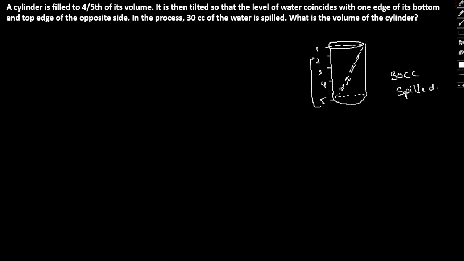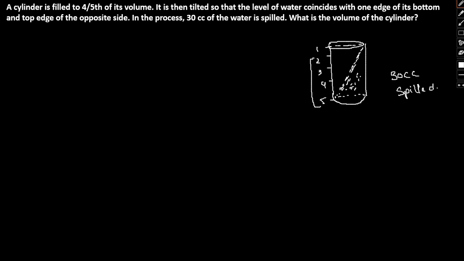So from this diagram itself it's pretty clear that whenever it's tilted, the volume of water which is left, say this part, will be half the volume of the cylinder. Now suppose I take a certain volume, and 30 ml or 30 cc is also spilled.